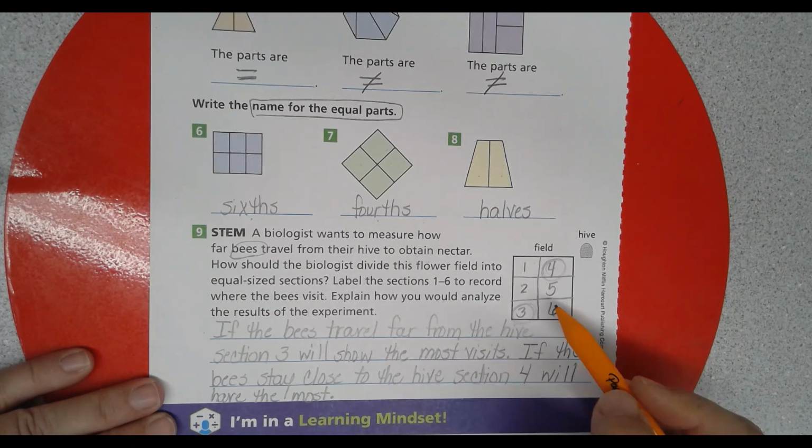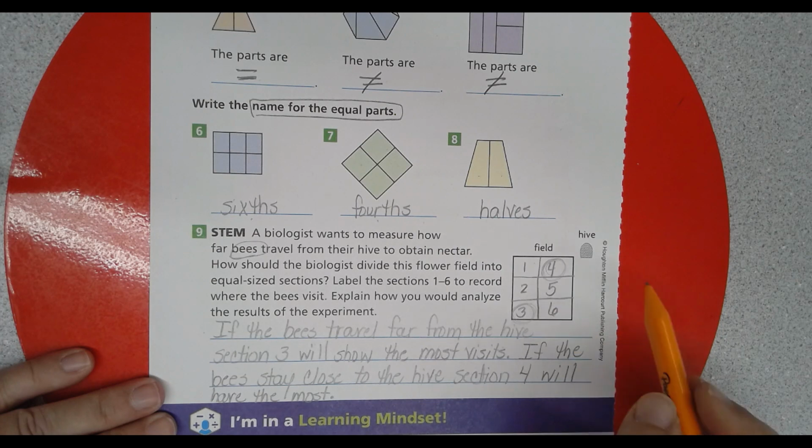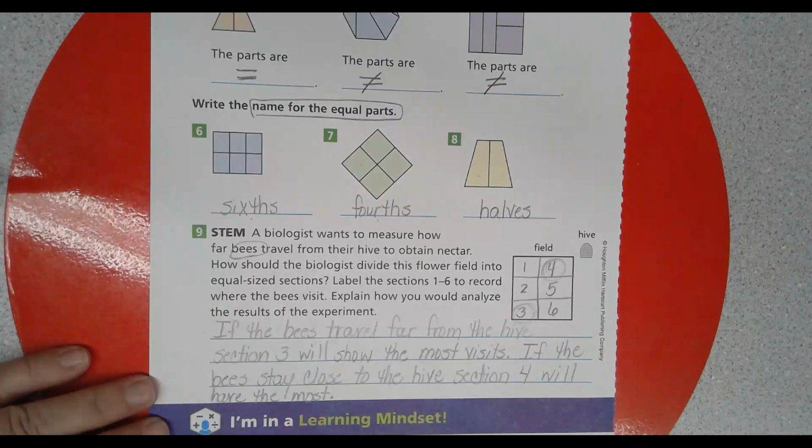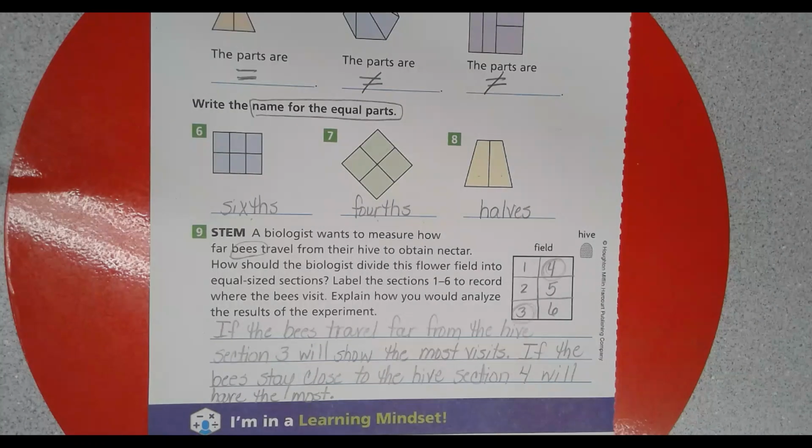How do you know if they stayed close? How do you know if they stayed far away? So look at that. My information's here. As long as you have something in the same ballpark, write it down. It's right there for you to look at. You can pause the video so that you can see the word.